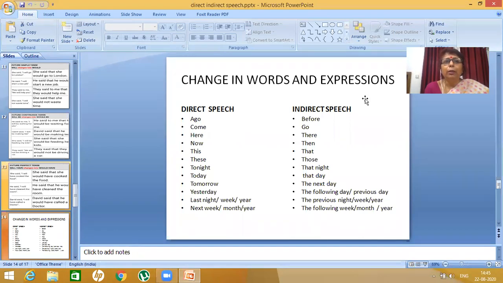The changes that we have to make when we are changing a sentence in direct speech to reported speech.